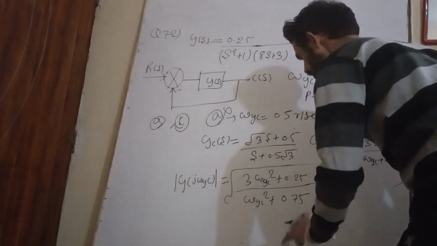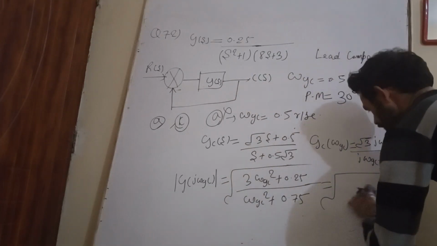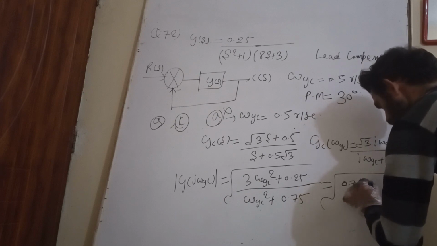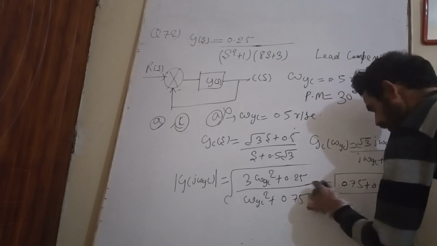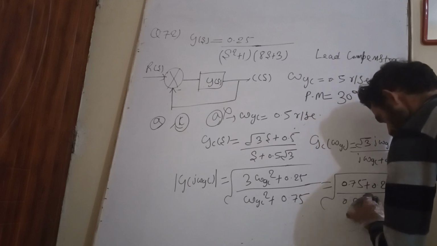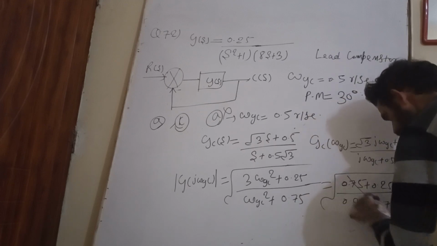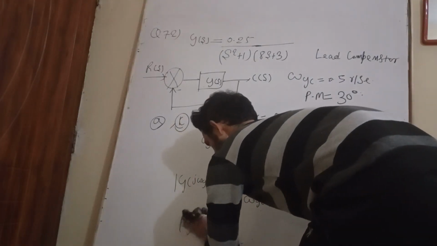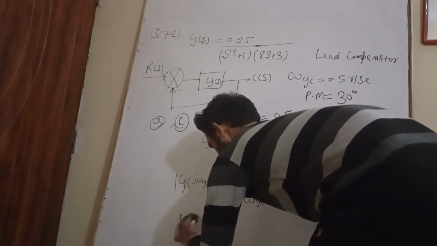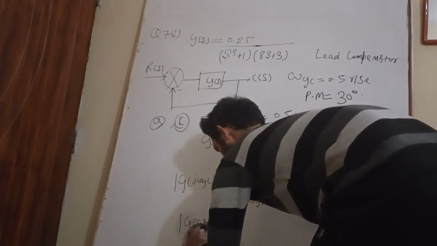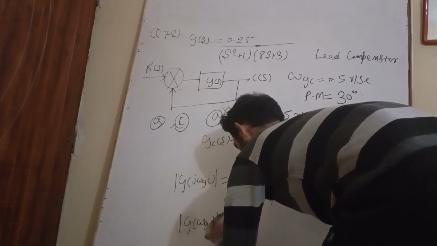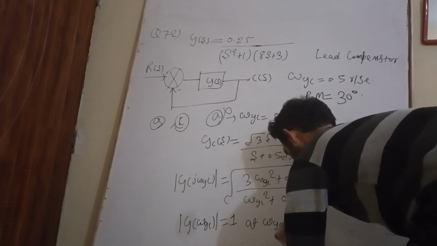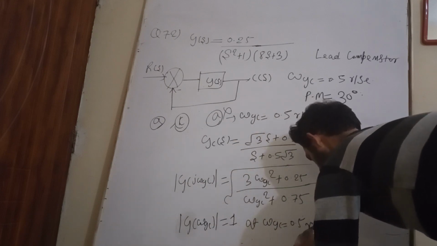Now we put omega gc equal to 0.5 radian per second, so omega gc square is 0.25. It becomes 0.75 plus 0.25 divided by 0.25 plus 0.75, so this gets cancelled and we are getting the magnitude of G of j omega gc equal to 1 at omega gc equal to 0.5 radian per second.